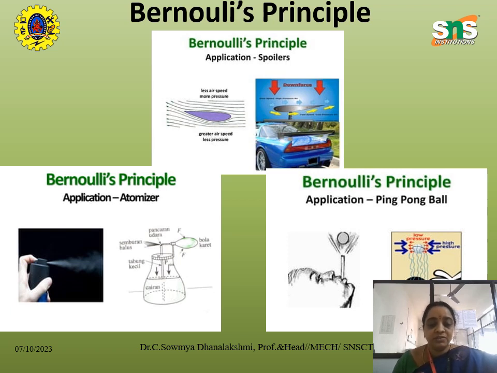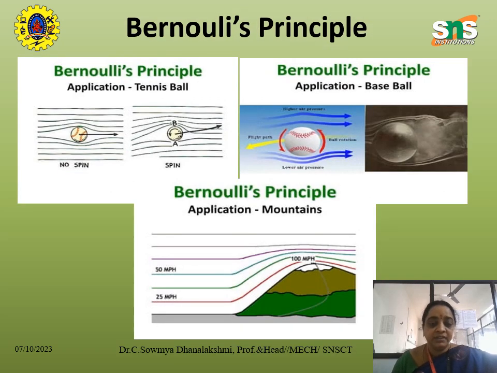So these two are also examples of Bernoulli's principle. And some other examples or applications of Bernoulli's principle are a tennis ball, baseball, and mountains, wherein the low pressure region and high pressure region come into the picture, and the potential energy, pressure energy, and kinetic energy are all included in this.